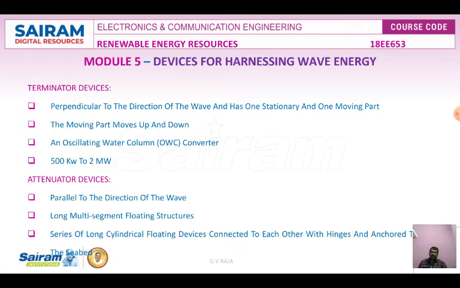Terminated devices. A terminated device is a wave energy device which is oriented perpendicular to the wave. It is stationary and has one moving part. One stationary part will be there, one moving part will be there in the terminating device.